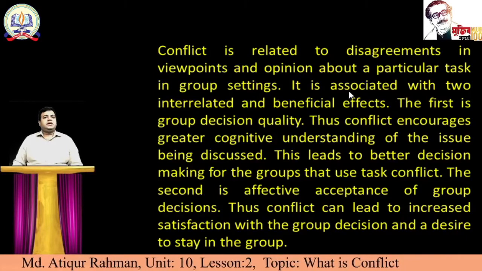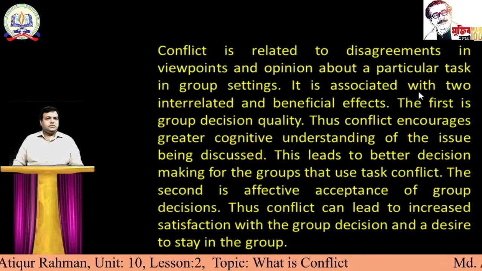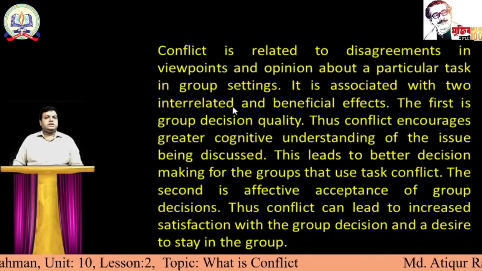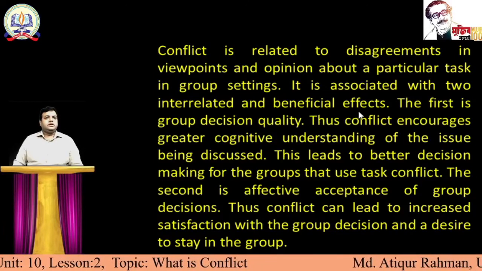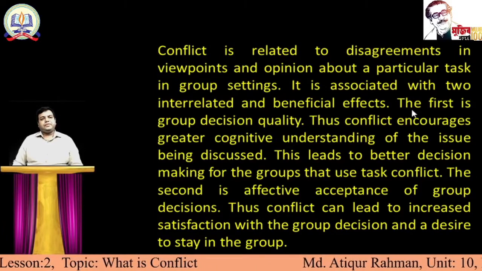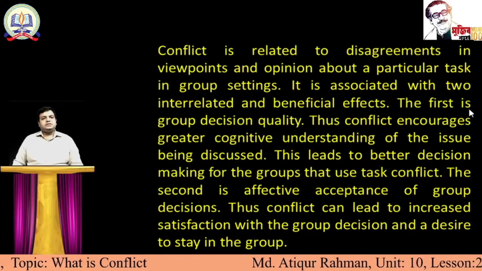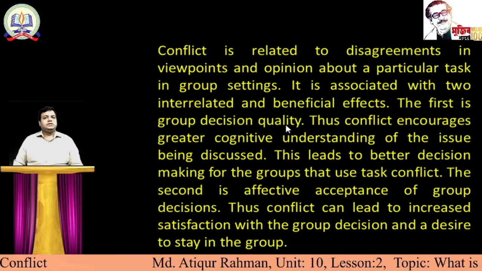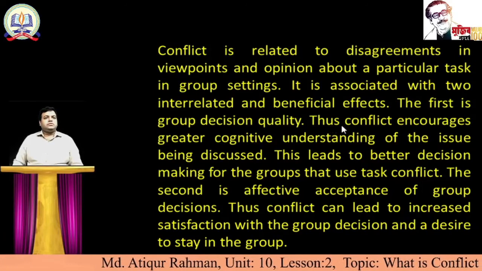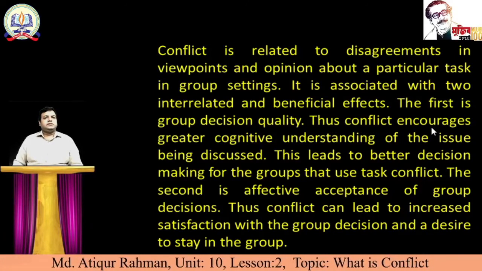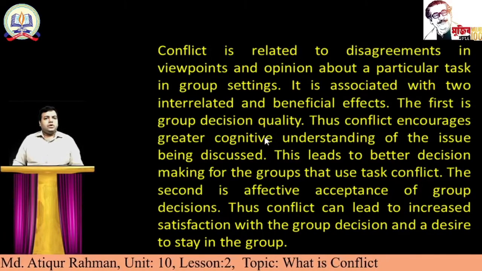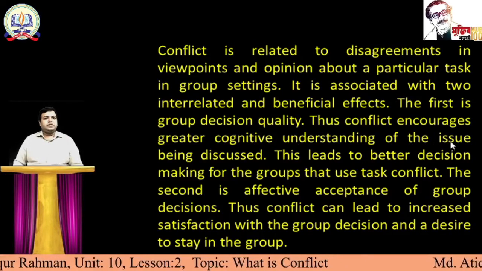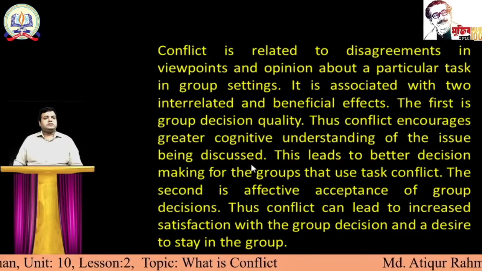Conflict is related to disagreements in viewpoints and opinion about a particular task in group settings. It is associated with two interrelated and beneficial effects. The first is group decision quality. Task conflict encourages greater cognitive understanding of the issue being discussed.